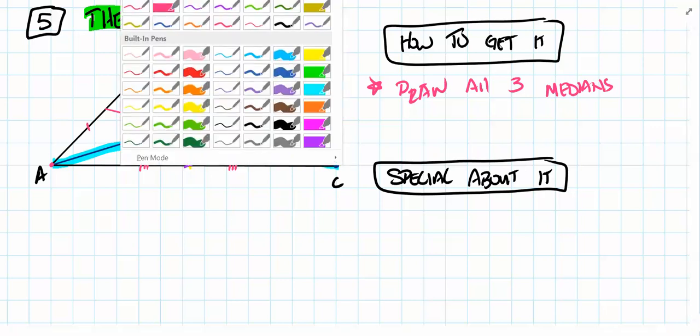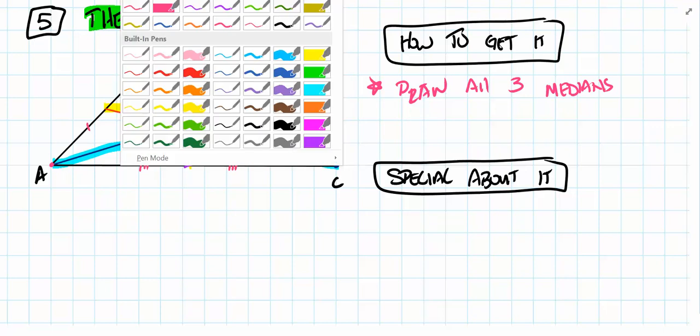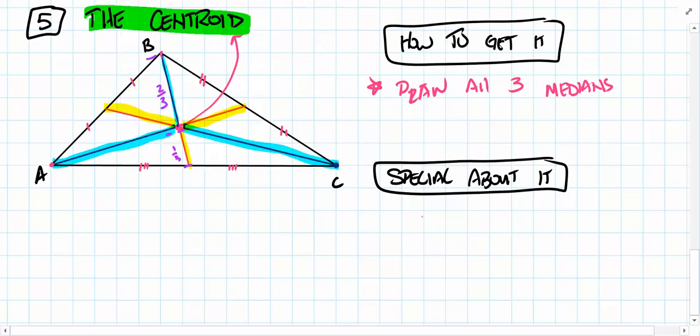So the centroid is 2/3 of the distance from each vertex to the midpoint of the opposite side. Alright? 2/3 and 1/3. So for what's special about it, you have to remember the 2/3 to 1/3 ratio.